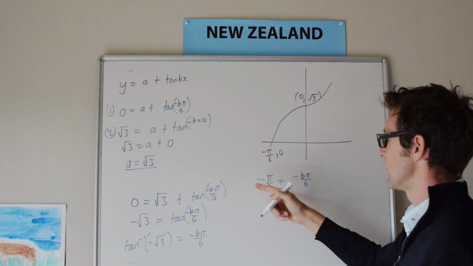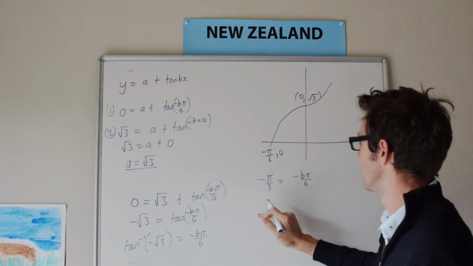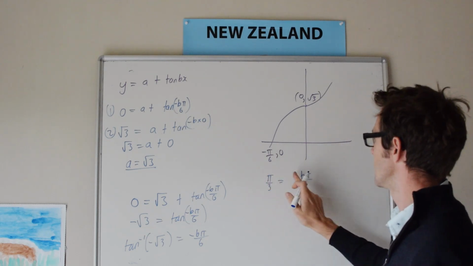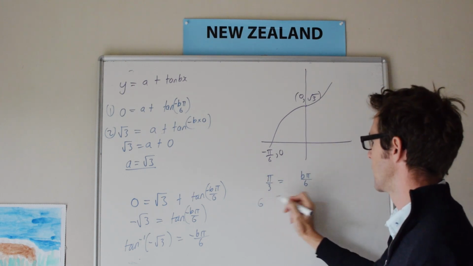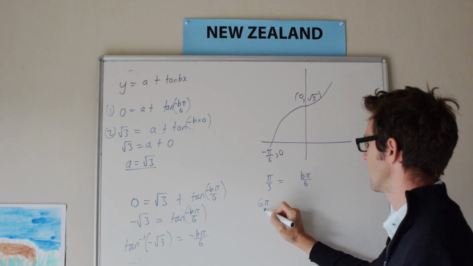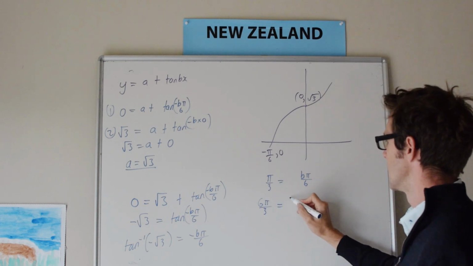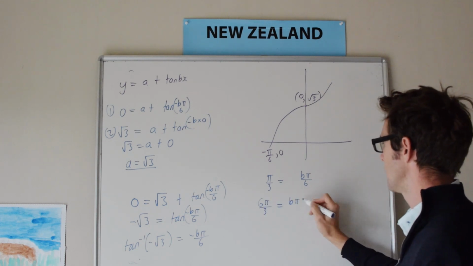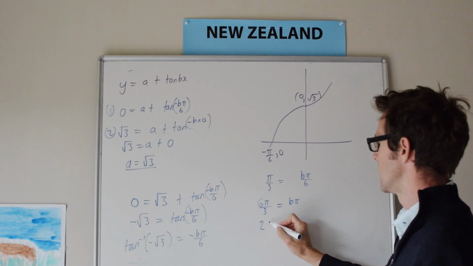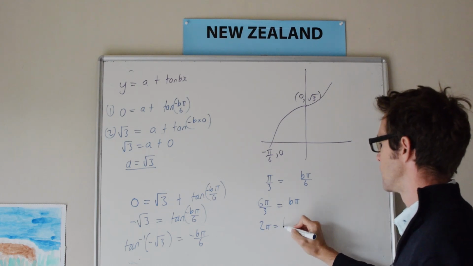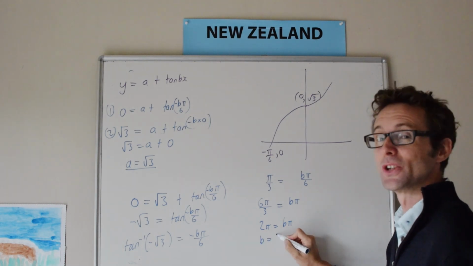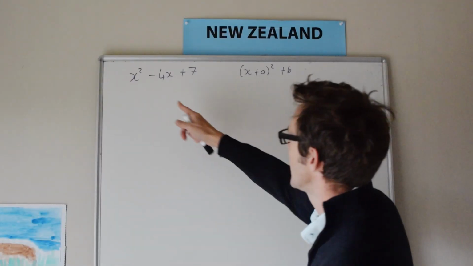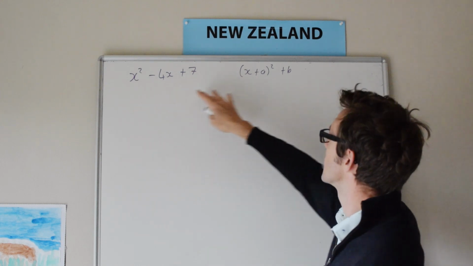I'm going to times both sides by minus 1, so that will get rid of these. And then I'm going to times both sides by 6, so 6 pi over 3 is equal to B pi. So 2 pi equals B pi, so therefore B is equal to 2. And in quadratics, we're being asked to express this in this form.